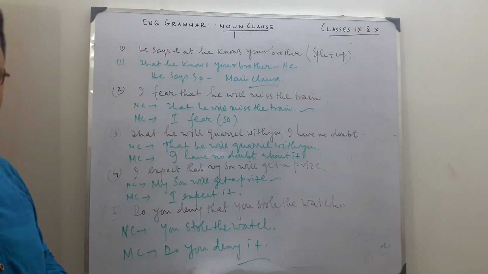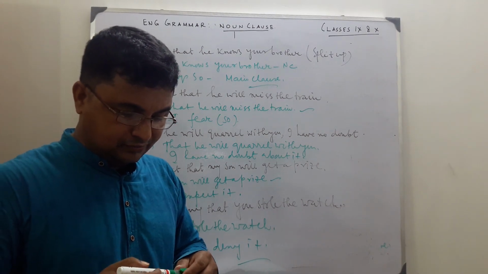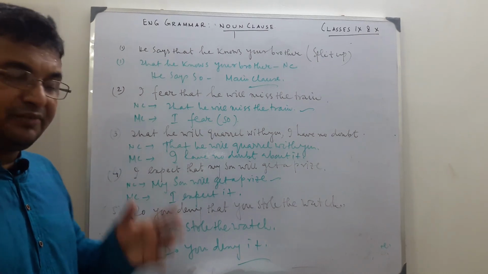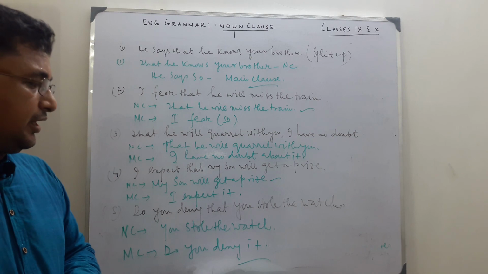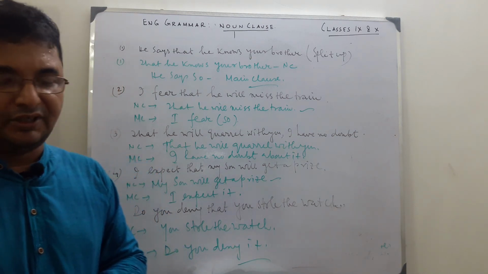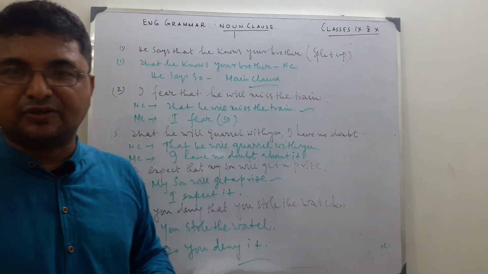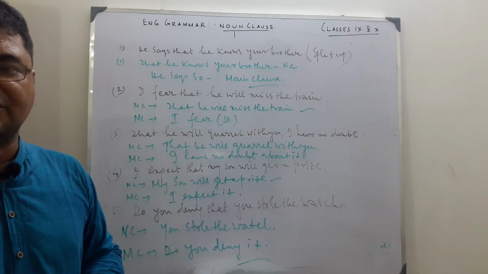I hope you will practice using different exercises from different grammar books, and I think your concept will be clear very shortly. More videos will come on different grammar content. You will keep on watching my video classes.